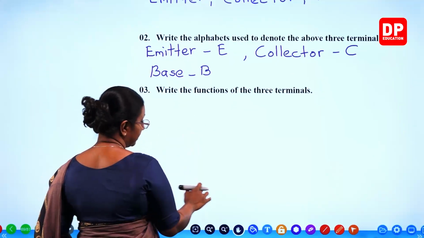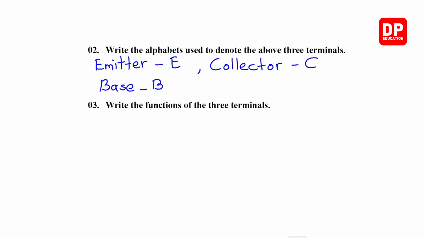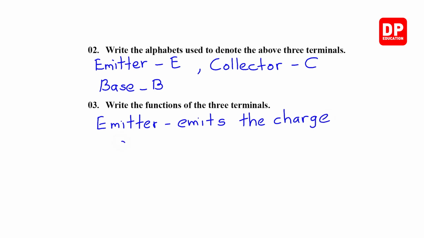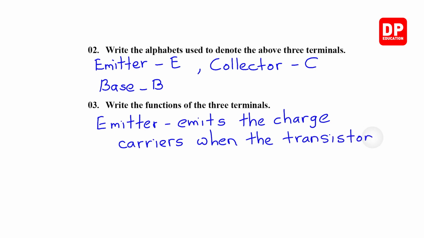If we write them here, emitter emits the charge carriers when the transistor is in operation.